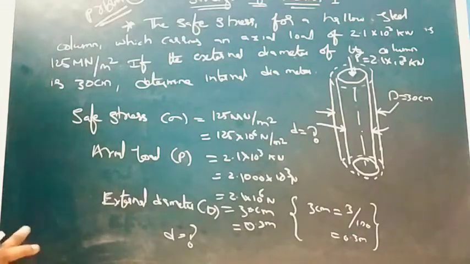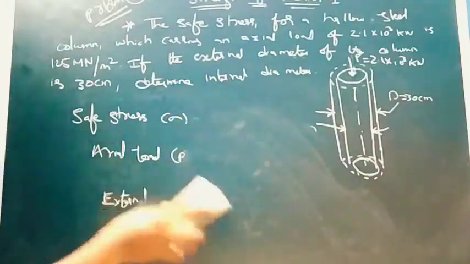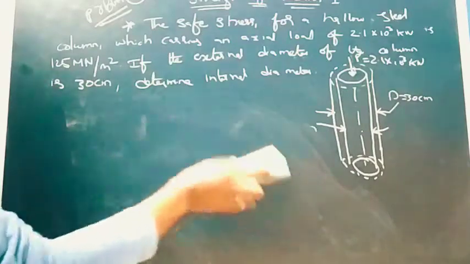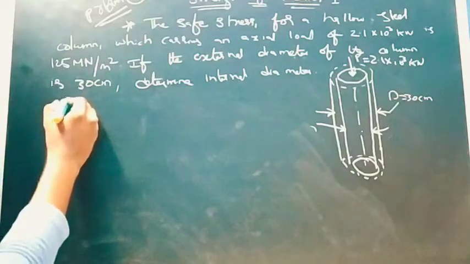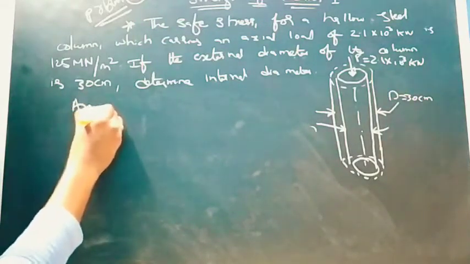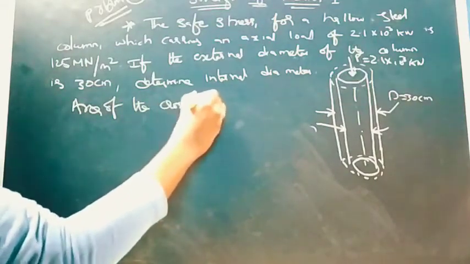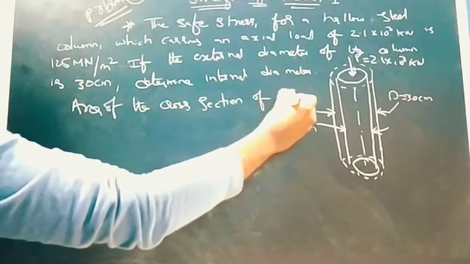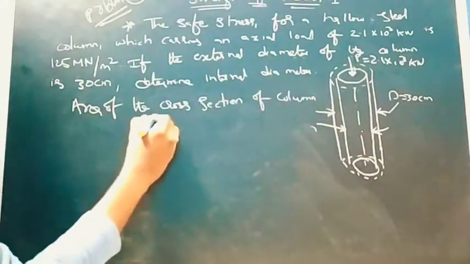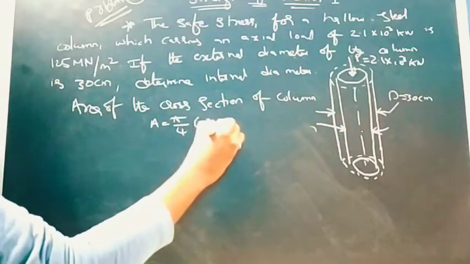First of all, we'll find the area of the cross section. What is the formula for the area of cross section for a hollow cylindrical material? Area of cross section of a column, A equals pi by 4 into D square minus small d square.